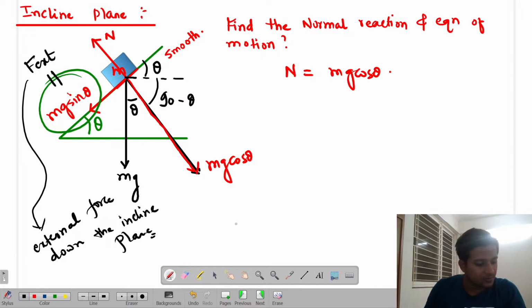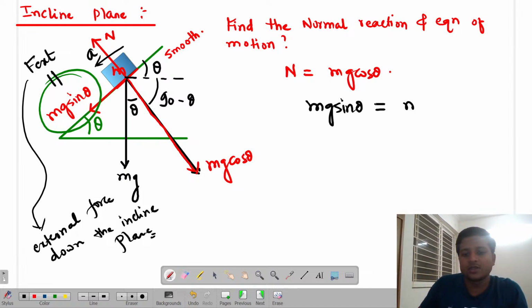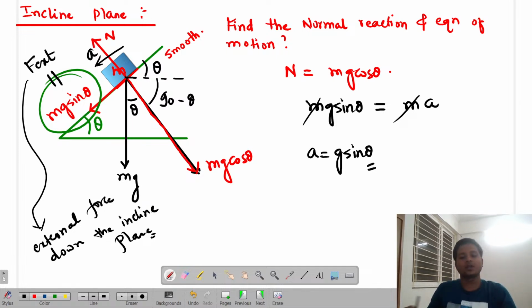Any external force, mg sin theta here, will try to generate acceleration in this block M. So mg sin theta can be written as m into a. Yes, so m got cancelled and acceleration becomes how much?